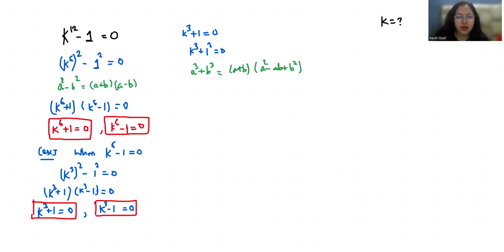So k plus 1 times k square minus k plus 1 is equals to 0. Now k plus 1 is equals to 0. So k is equals to negative 1.